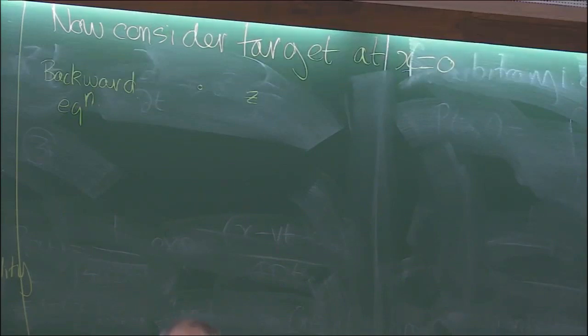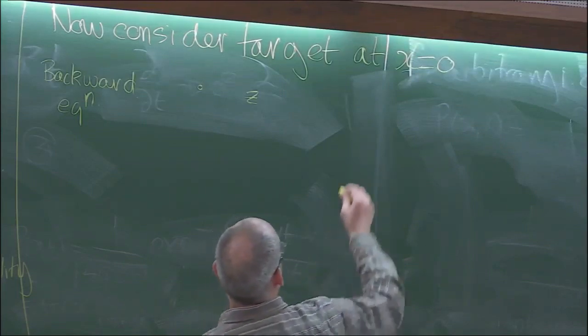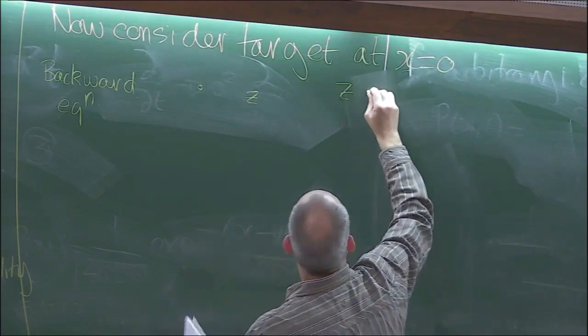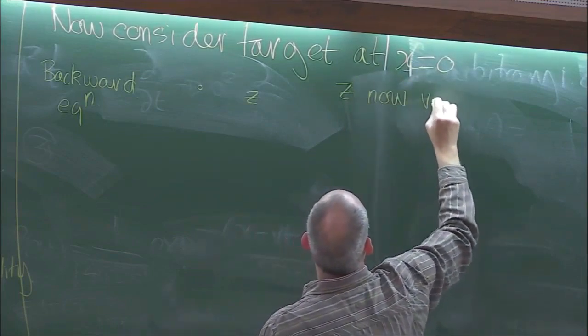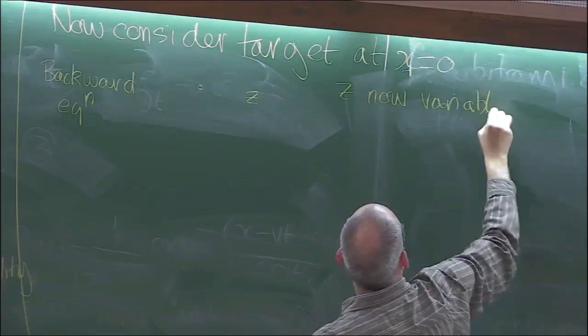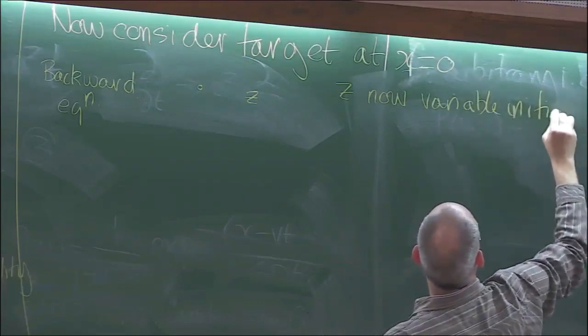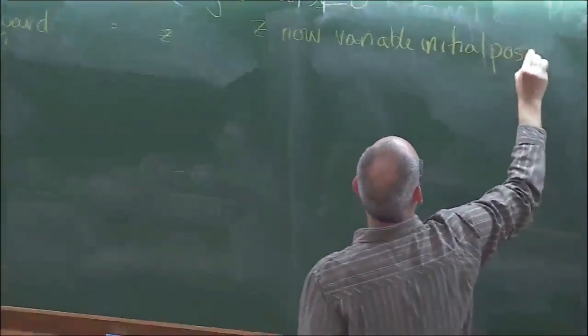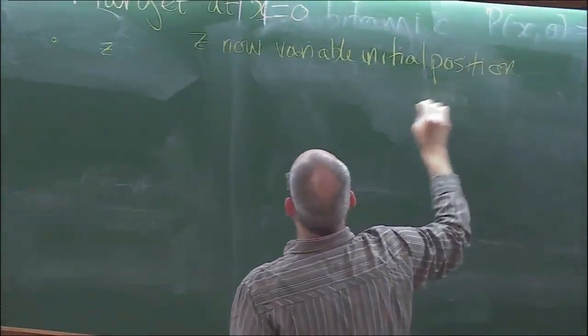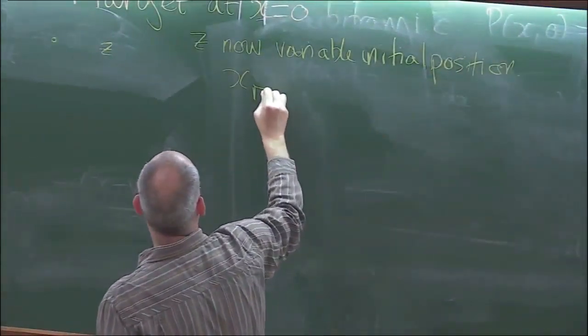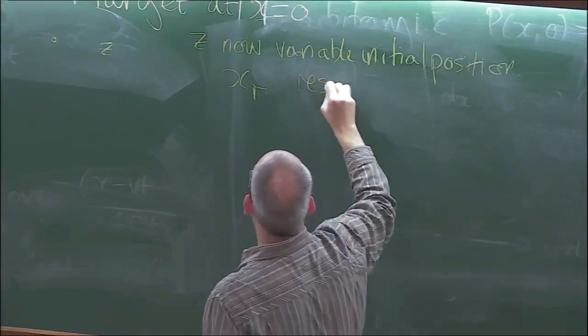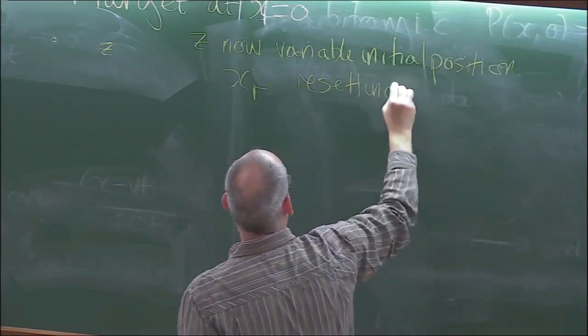In the first half, I made them the same. Now I have to let the initial position be a variable and have a separate resetting position, which I'll call xr. So z is now the variable initial position, and let's write that xr is the resetting position.